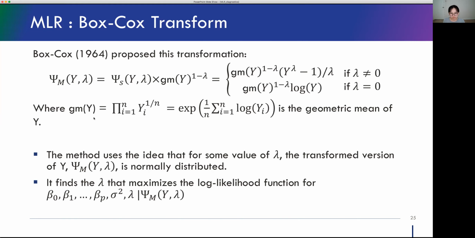So we use Box-Cox to find the lambda that maximizes the log likelihood function for this. This is the idea behind this Box-Cox transformation. But you remember we just use our function to get an estimate of lambda.